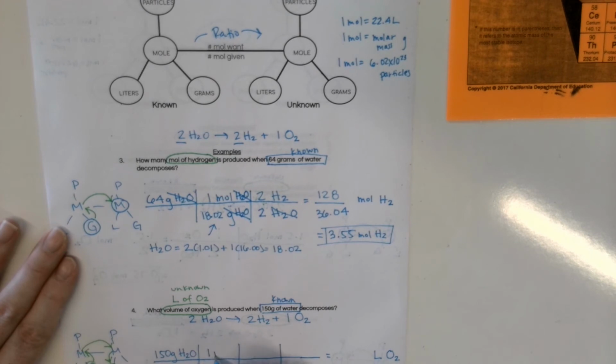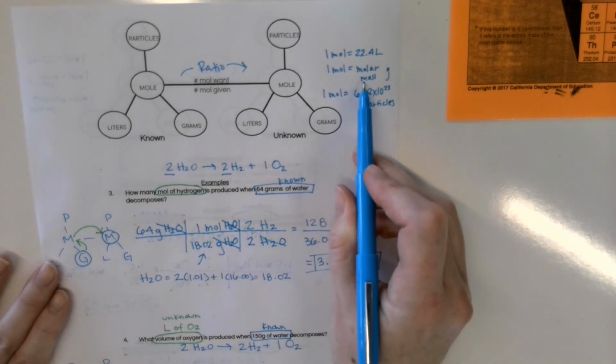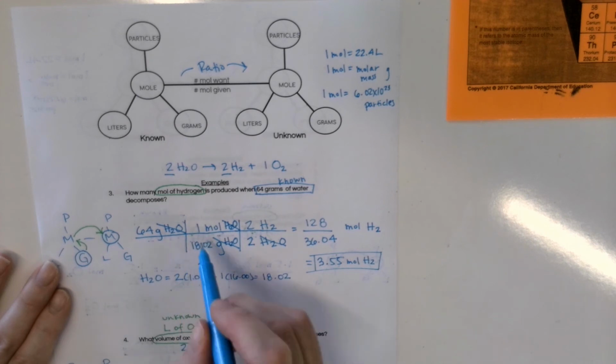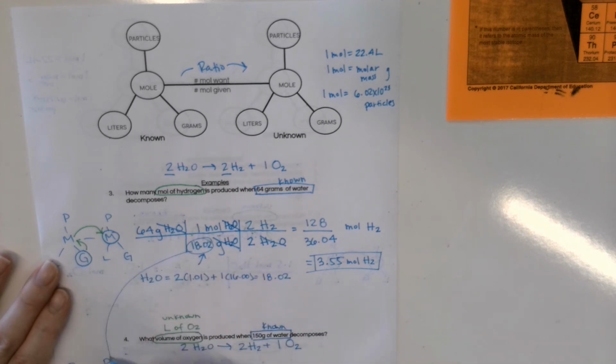So I'm going to put 1 mole on top of water. On the bottom, I'm going to put grams of water. And we already calculated the molar mass of water in problem number 3. So I'm going to plug in this number here, so 18.02. So my grams of water cancel.